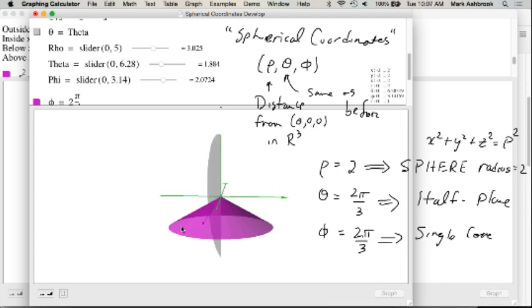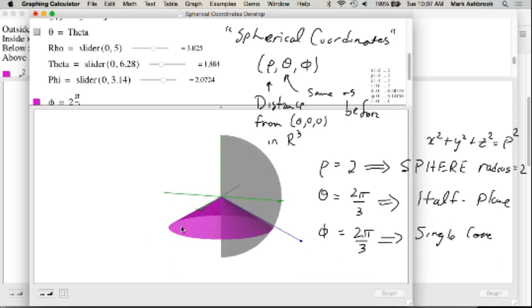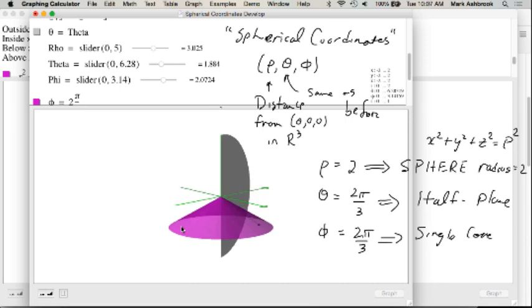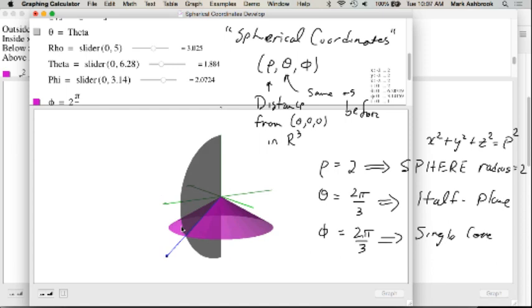Okay, so in order to set up a triple integral in spherical coordinates, we've got some work to do. This is not a simple thing. What we need to do is get all our relationships between x, y, z, r, theta, rho, and phi.